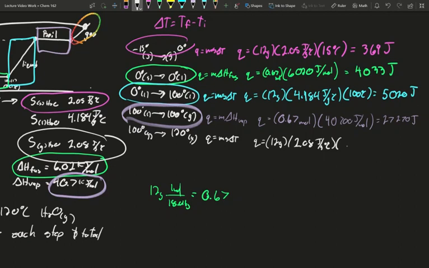And we're going up from 100 up to 120. So 120 minus 100, it's a positive 20 increase. 12 times 20 times 2.08. Approximately 500 joules.